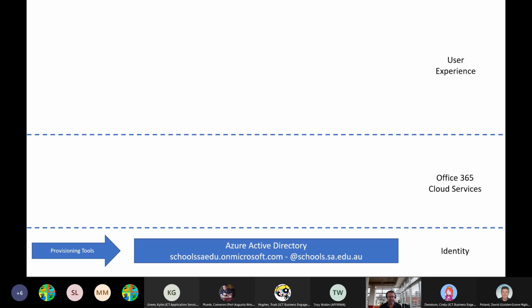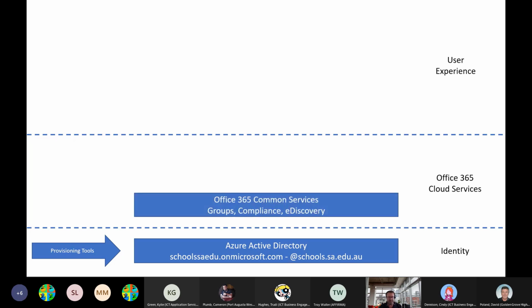So as we look at the identity side of things, that's pretty much all looked after by the department. They have their provisioning tools. They create the student accounts into the Office 365 environment and provide them with an @schools.sa.edu.au username. Sitting on top of that within Microsoft Cloud is a group of common Office 365 services.